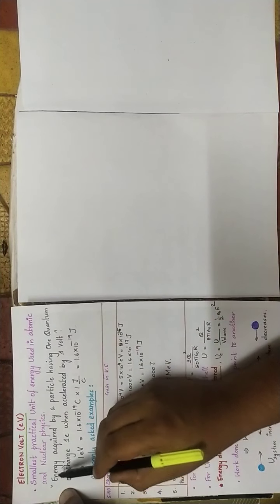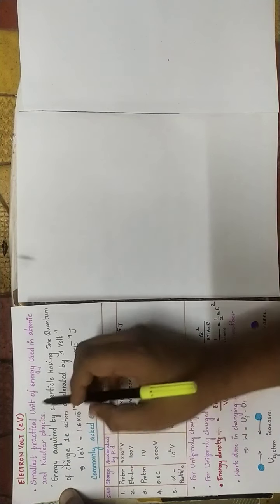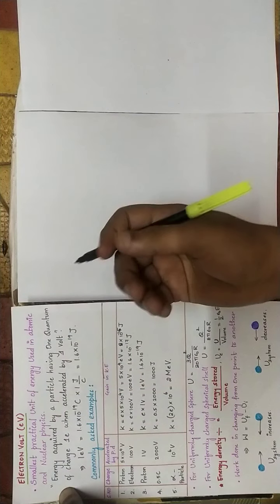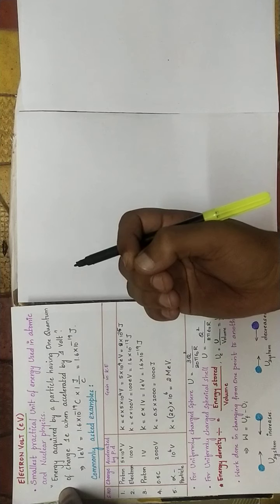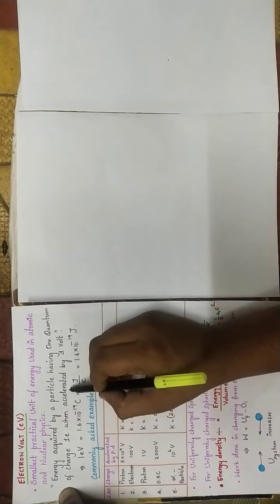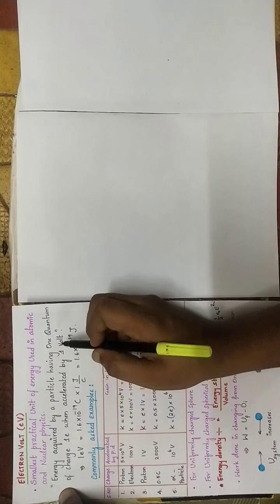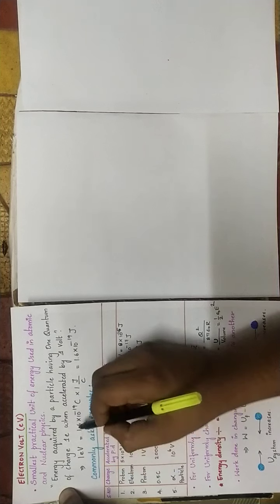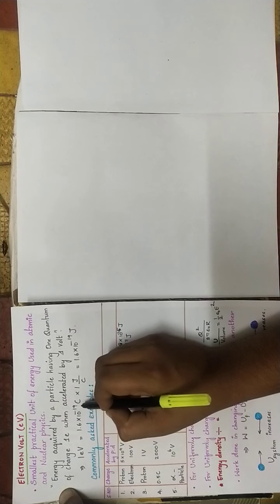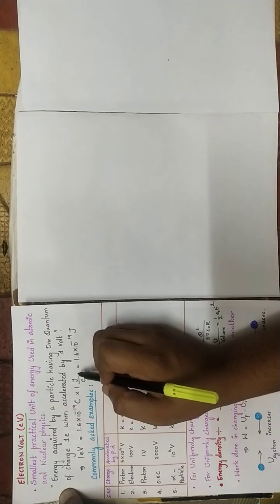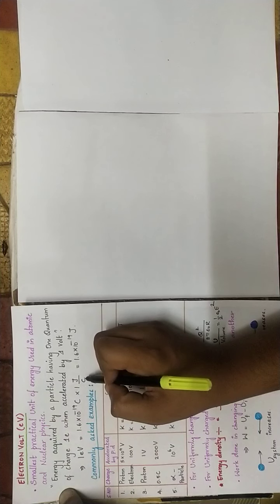The definition is the energy acquired by a particle having one quantum of charge. What is one quantum? That is 1e, 2e, 3e, the elementary charge. The energy acquired by a quantum of charge 1e when accelerated by 1 volt. So 1 electron volt: 1e is 1.6 into 10 power minus 19 coulomb, and 1 volt can be written as work done per unit charge, so 1 joule per coulomb.